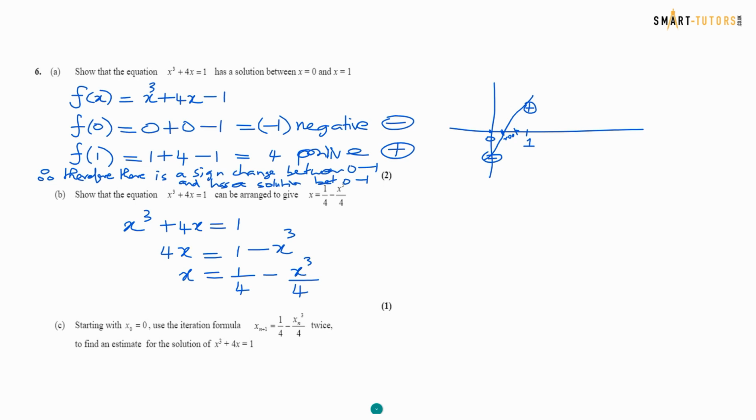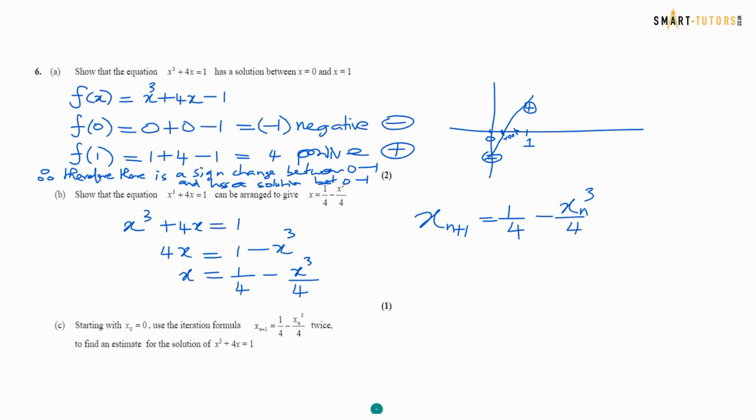Starting with x0 equals 0, this is the iteration method. That's a tutorial I already uploaded in the topic revision guide. Please practice some more questions to make sure the method is understood. The iterative formula is x(n+1) equals 1/4 minus xn cubed over 4.